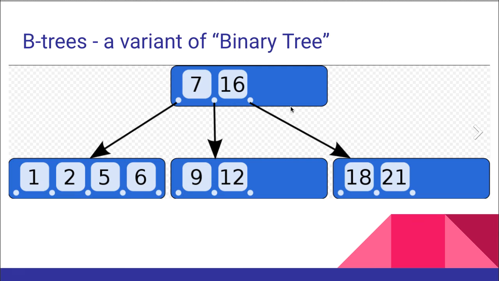So in this example, you can see that 1, 2, 5, and 6 are stored in the leftmost node, which is less than 7. And then 9 and 12 are stored in this middle node, which is between 7 and 16. And then 18 and 21 are stored in the rightmost node here, which is greater than 16.